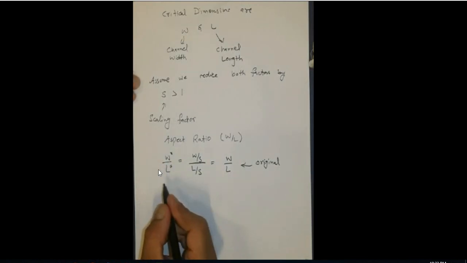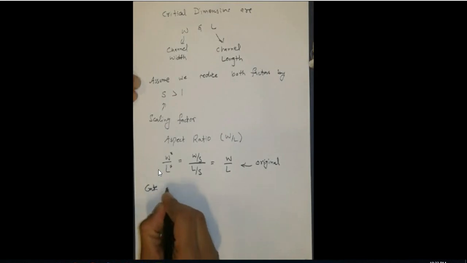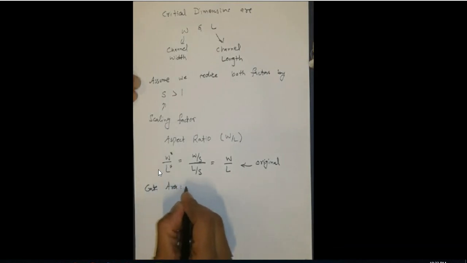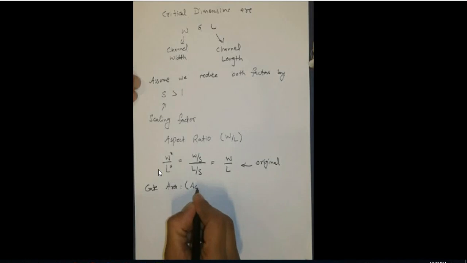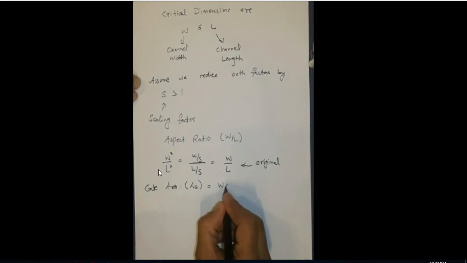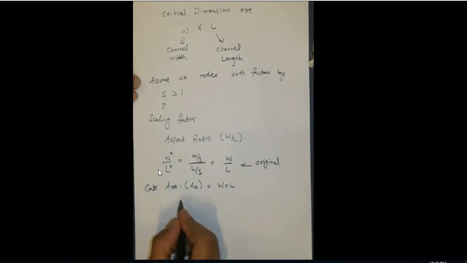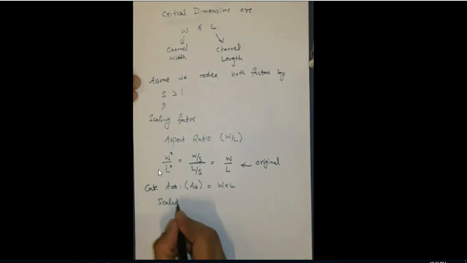Now we have to find the gate area. It was originally designated AG, which was equal to W into L. Now we have to find the scaled area after this width and length updation.